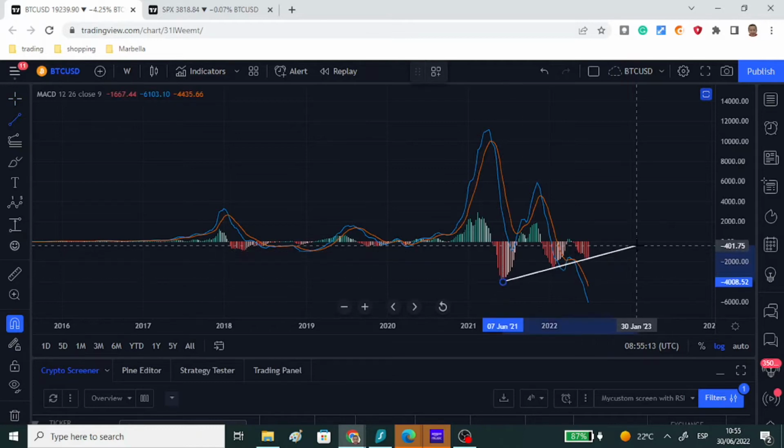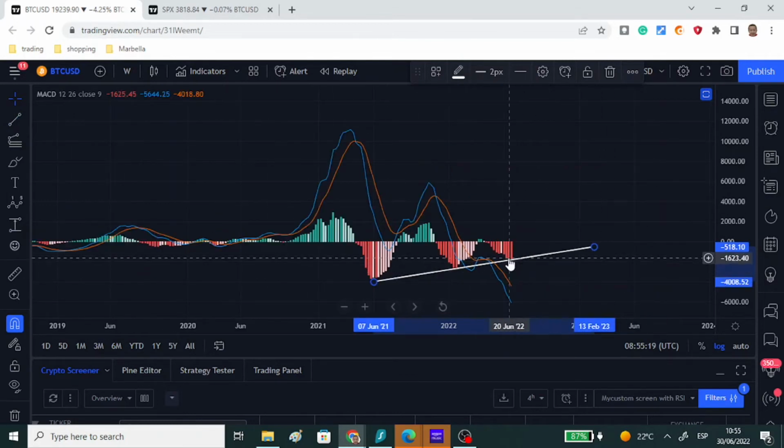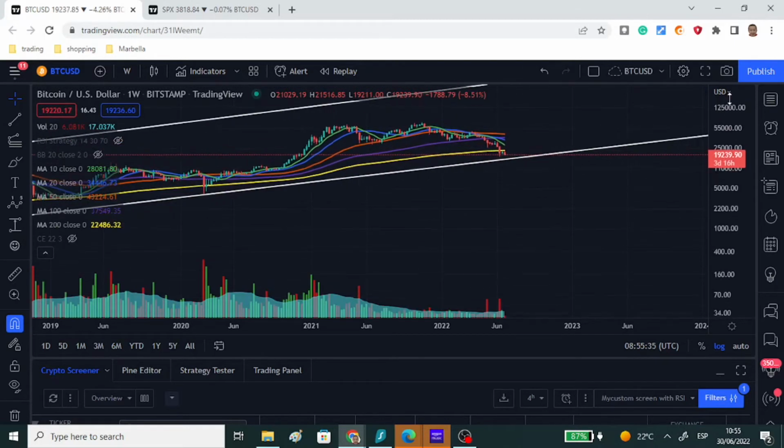Here, support line on MACD. Yeah, it's about to hit the support line here. So this is something that the area had to watch. MACD. Candlesticks.